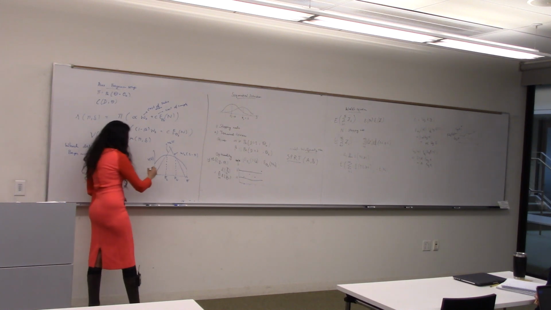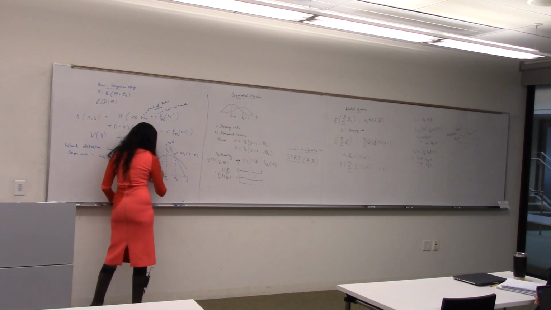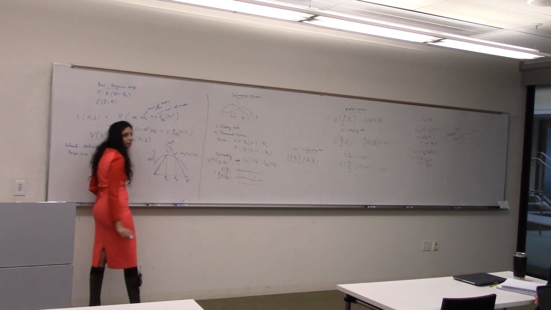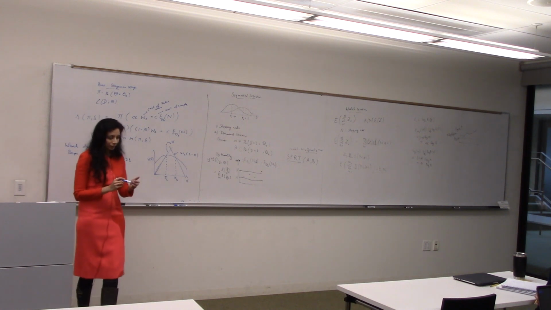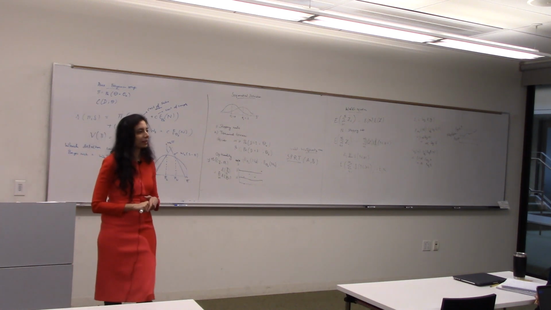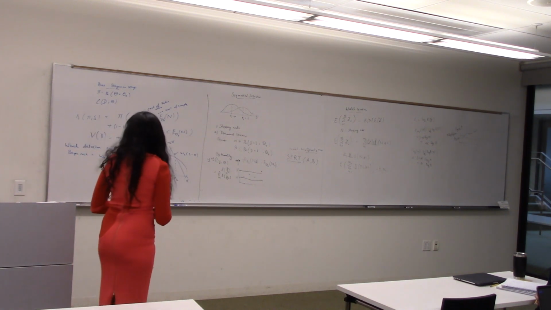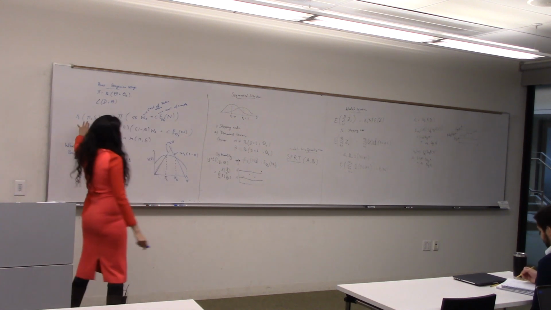So the best detector would collect no data in some regime, collect data here in this middle regime and again collect no data. That's how the optimal detector would look for this Bayesian problem.